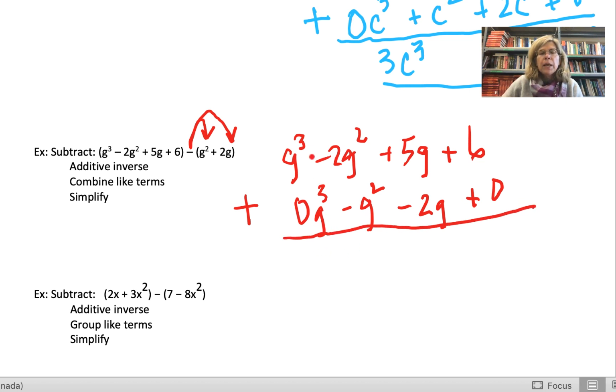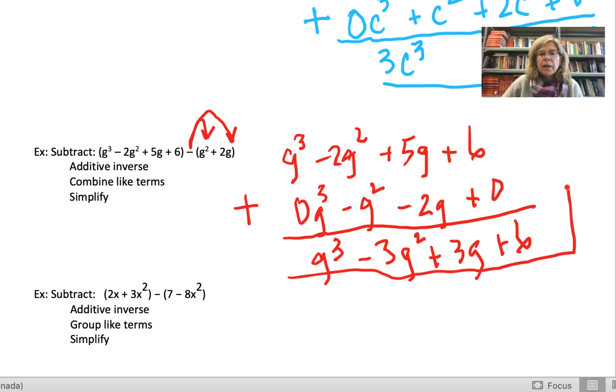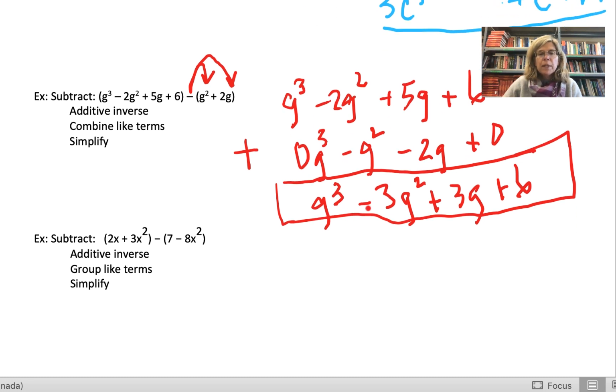Okay, and so then if we add it up, g cubed and 0 g cubed is g cubed, minus 3g squared, plus 3g, plus 6. And there you go. Again, you could simplify it just by looking at it, but if you want something consistent and a sort of tried and true method, this is a good way to go.